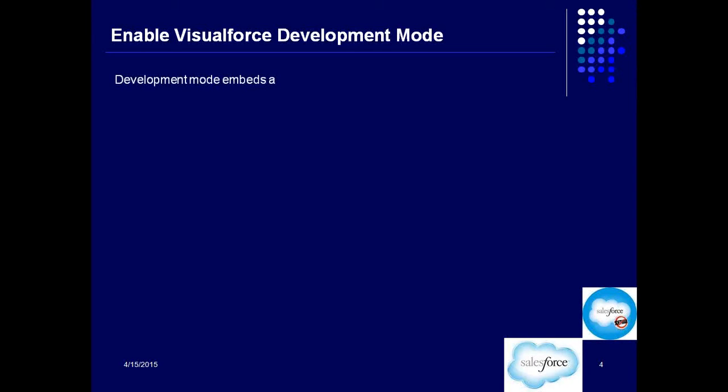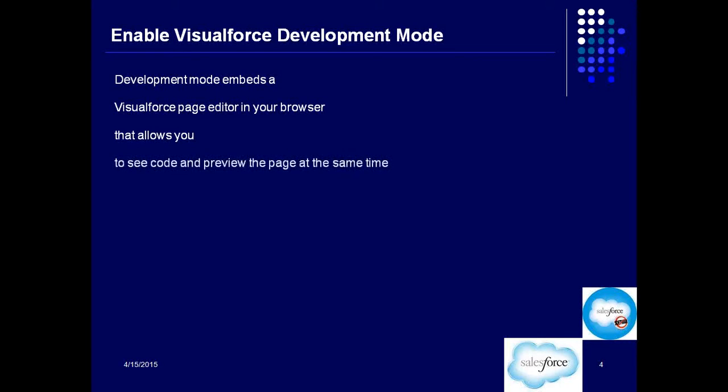This development mode embeds a Visualforce page editor in your browser, which allows you to see the code and preview the page at the same time, so that you can keep on making changes, and parallelly keep viewing how the page is looking, right?